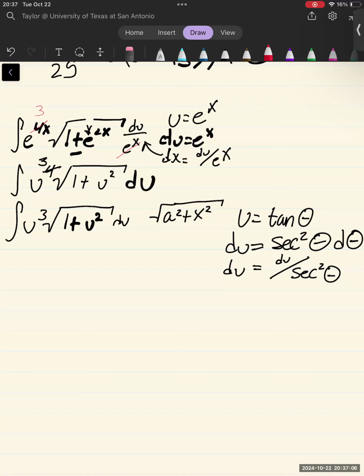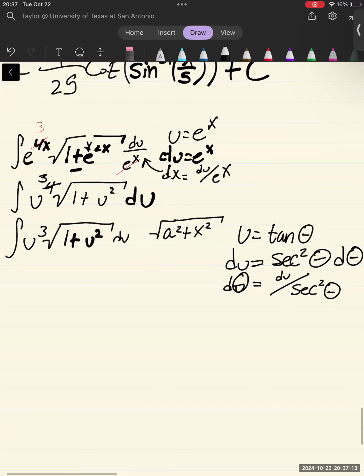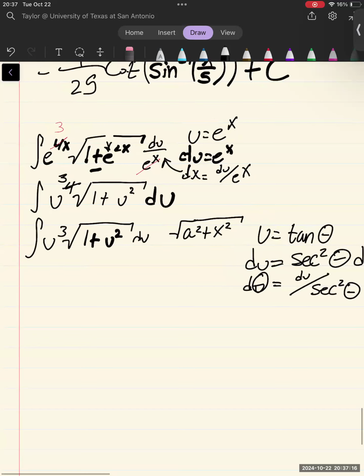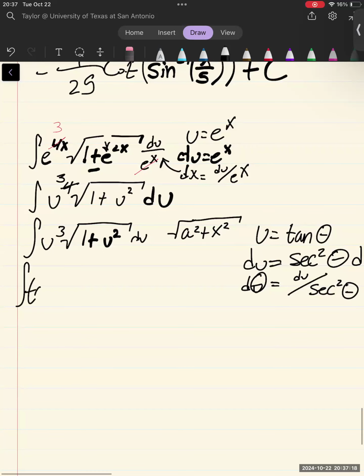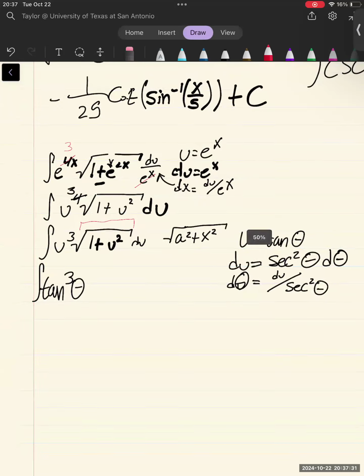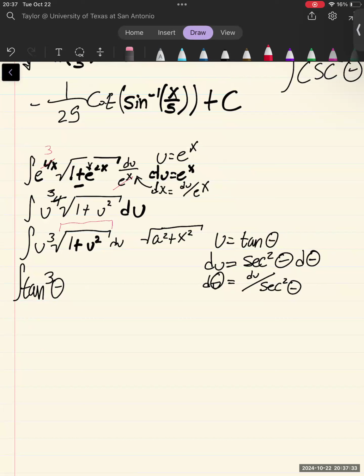All right. Where are we? d theta equals du over secant squared theta. And so now I can go ahead and substitute everything that I know. u cubed is tangent cubed. Do you guys remember what this simplifies to? This part here, the radical.